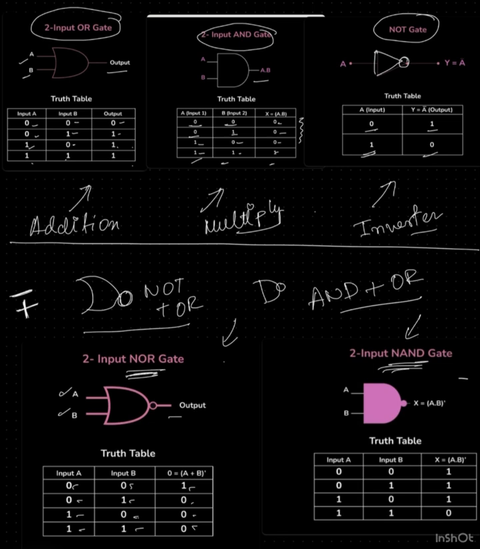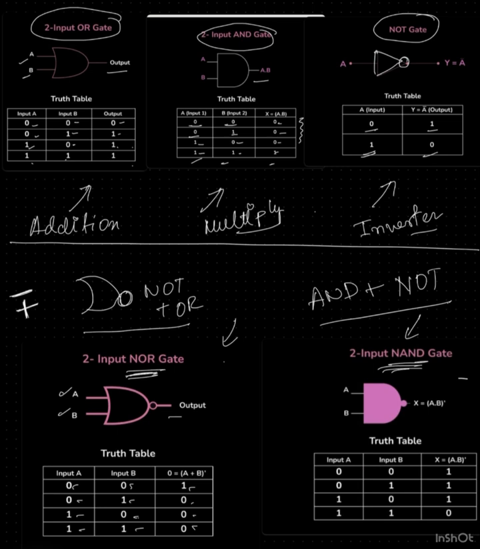To multiply. It will be AND plus NOT gate, so it will become NAND gate.